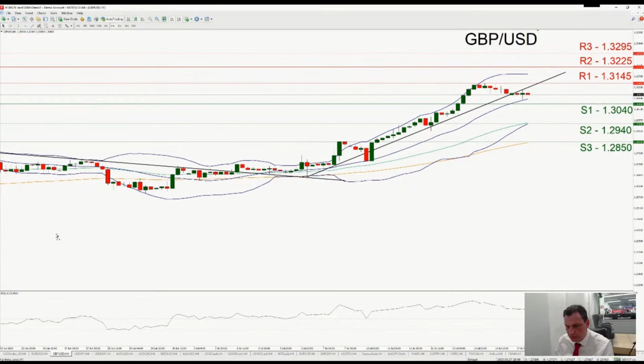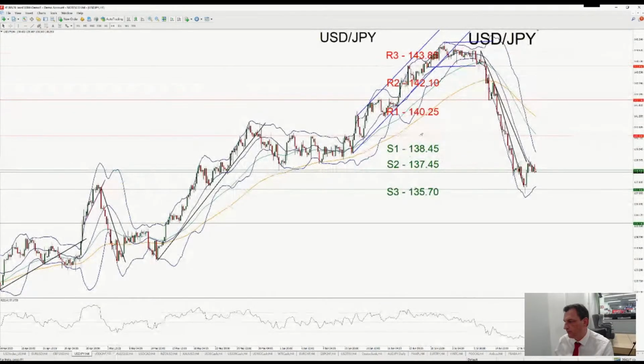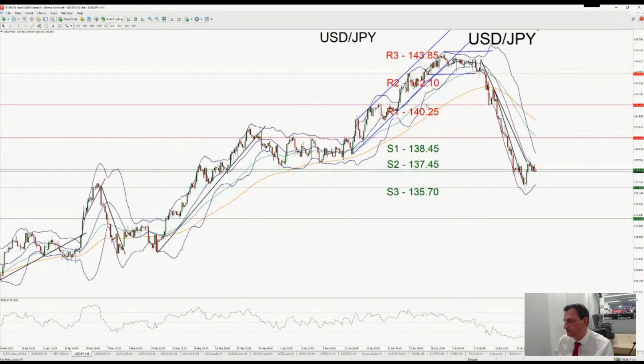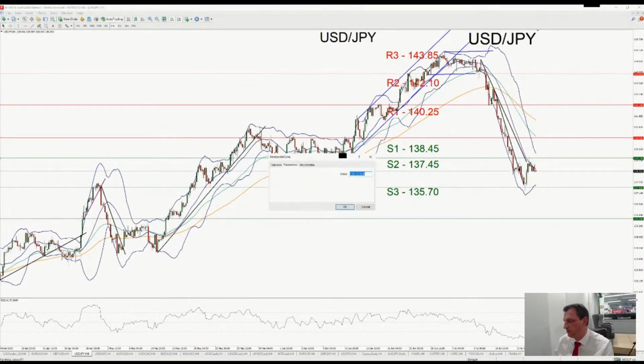Okay, let's move now to USD/JPY. Also a very interesting pair. Definitely we need some corrections here. I would be highlighting this as the new resistance level, 139.10 in red.